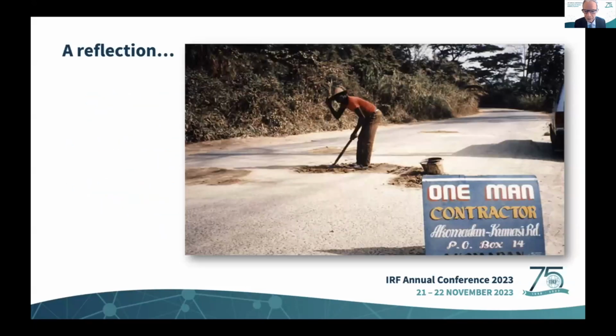I would like to finish with a reflection. I took this picture quite a few years ago. In fact, it was my first mission to West Africa more than 3 decades ago. This man calls himself a one-man contractor, and he patches potholes using some sand and dirt. He patches potholes, and he's funded not by the road administration. He has nothing to do with the road administration.